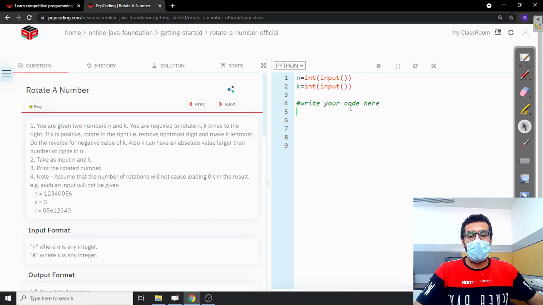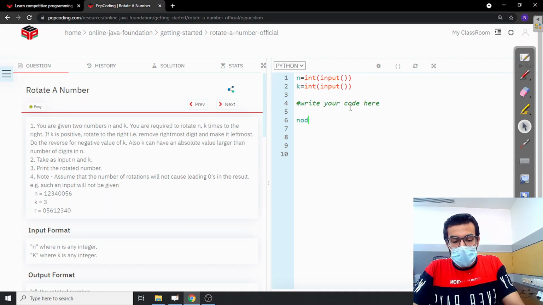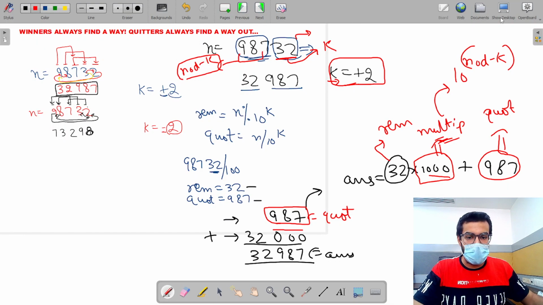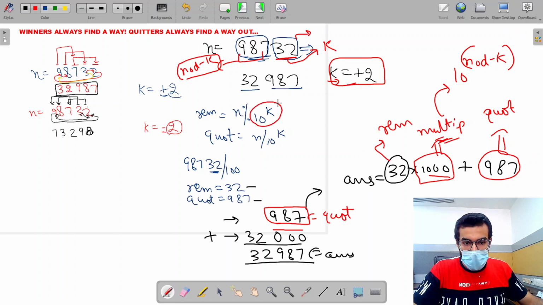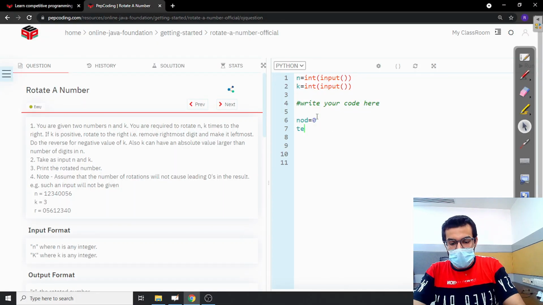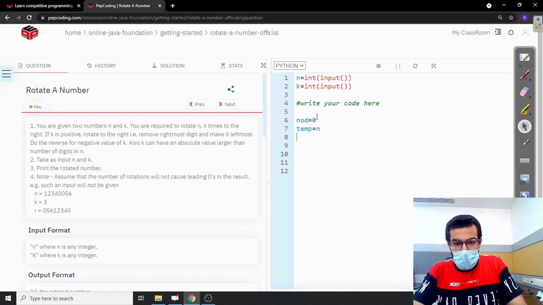So let's code it. First I want the value of NOD, and then I want the divisor. What will be the initial divisor? 10 to the power k. What will be the multiplier? 10 to the power NOD minus k. Our answer is done then. NOD is 0. Initially I will keep temp as n.